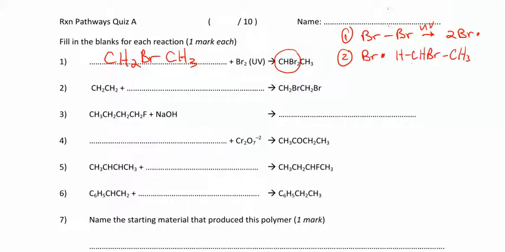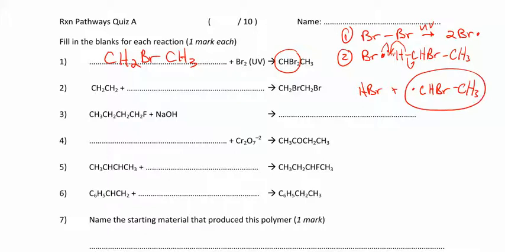And again, I'm going to get this bond here, and one electron from there, one electron from there, and one electron goes over there to make my other radical. In other words, I get HBr and a radical CHBrCH3.